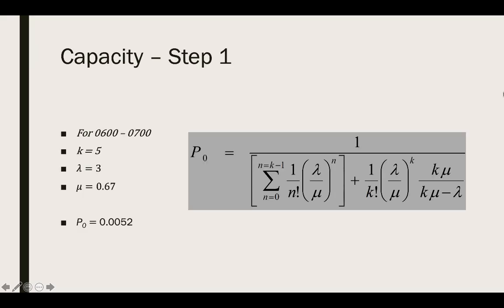So let's run with an example real quick. In our system from 6 a.m. to 7 a.m., I've got a K of 5, so I've got 5 ambulances in my system. I've got a lambda of 3, and that says that the average number of calls for that time period, 6 a.m. to 7 a.m., is 3 calls. Then we've got mu, which we've already defined.